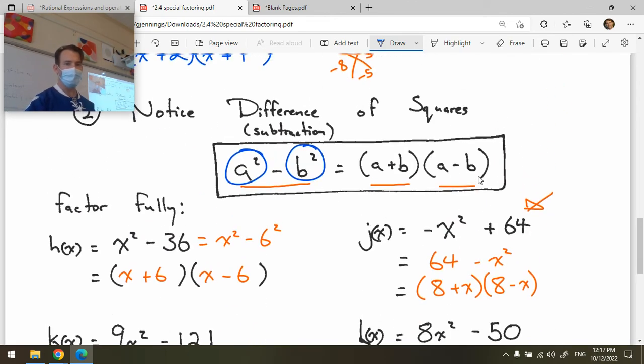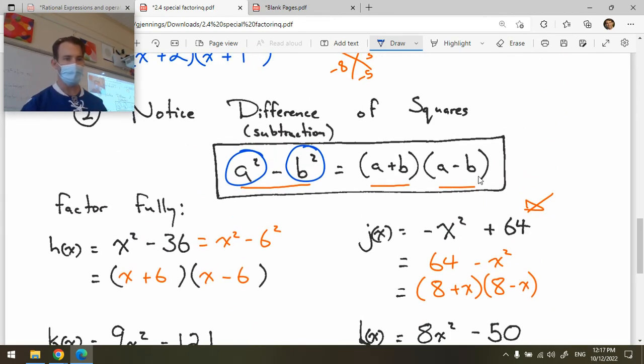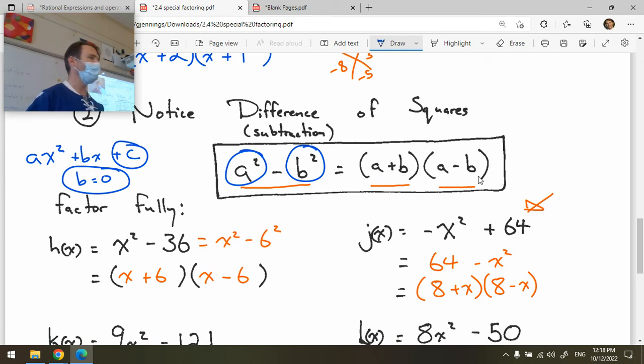If you're really confused about differences of squares, for example, you can think of the a squared minus b squared as still an ax squared plus bx plus c trinomial, where b is equal to 0. Okay? And then if you can find numbers that multiply to c and add to 0, then you can win that x game. Your x games would just look like c, 0 here, because b would be 0 for differences of squares. There's no b term in between.